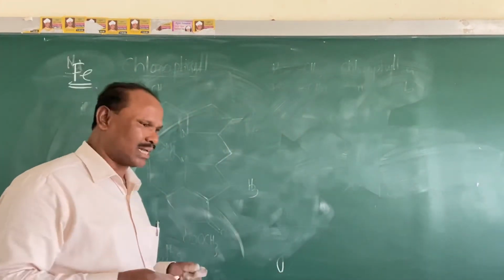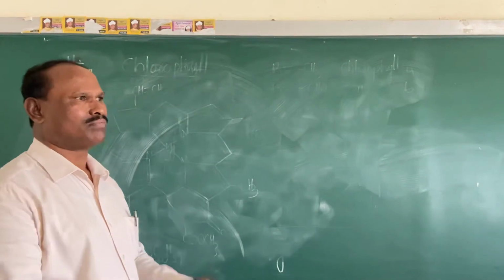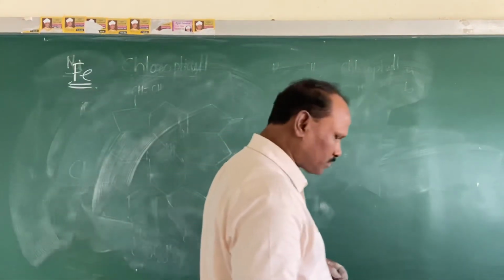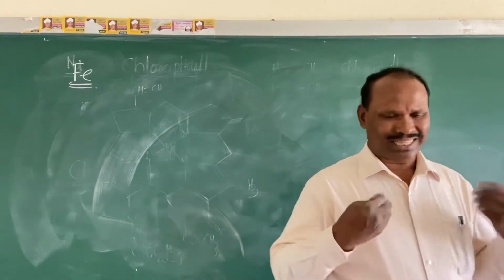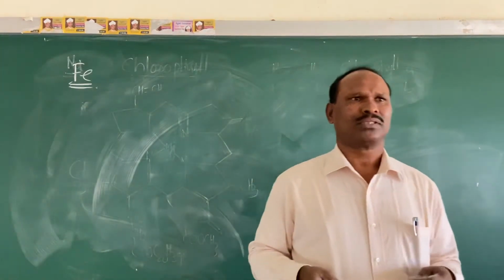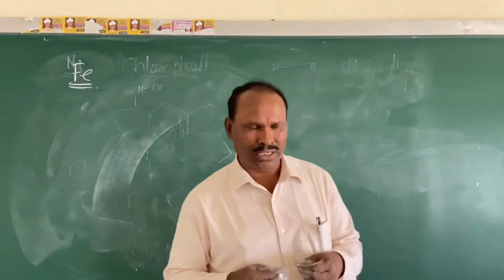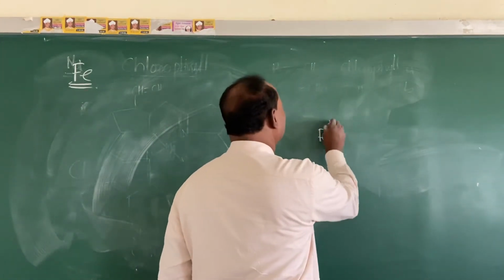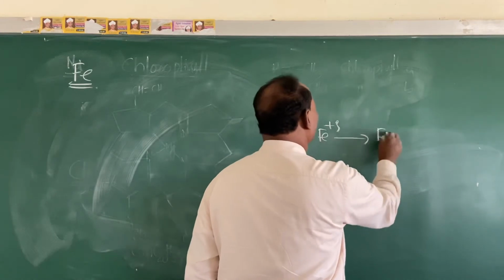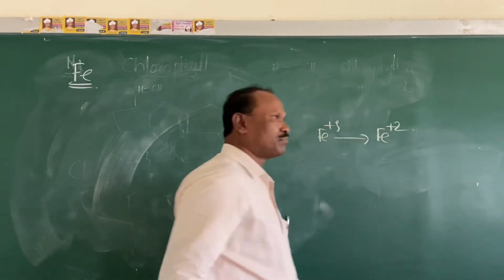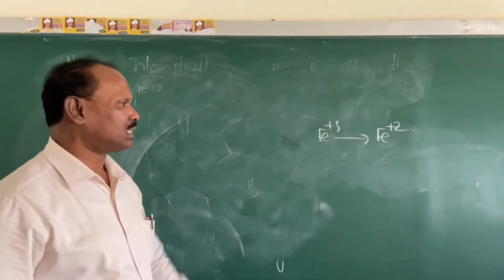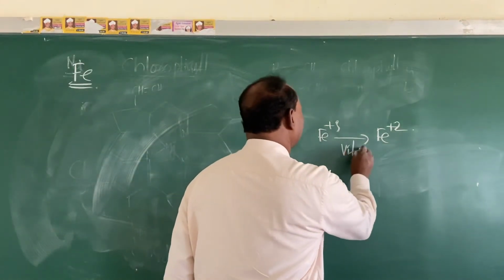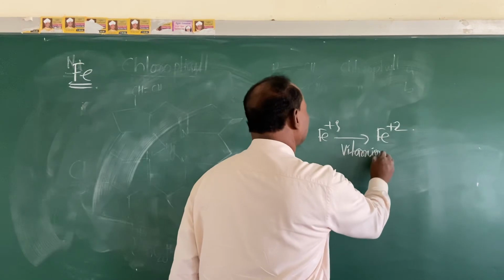This iron, I said, is essential for the formation of blood, that is hemoglobin. And remember, when we take this iron into our body in the form of food, Fe plus 3 ions are converted into Fe plus 2 ions by the presence of vitamin C in our body.